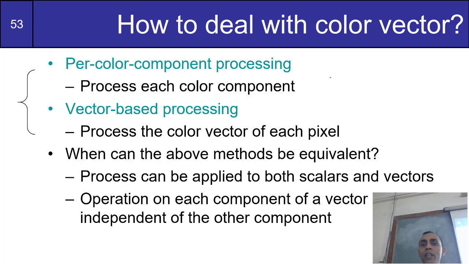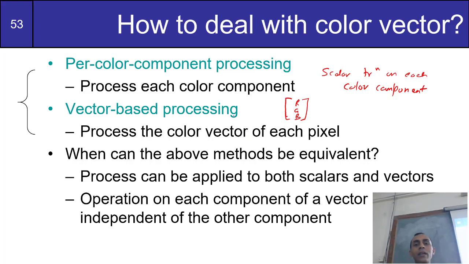So either do a scalar transformation on each color component, or take the RGB vector itself and do a vector transformation on it.